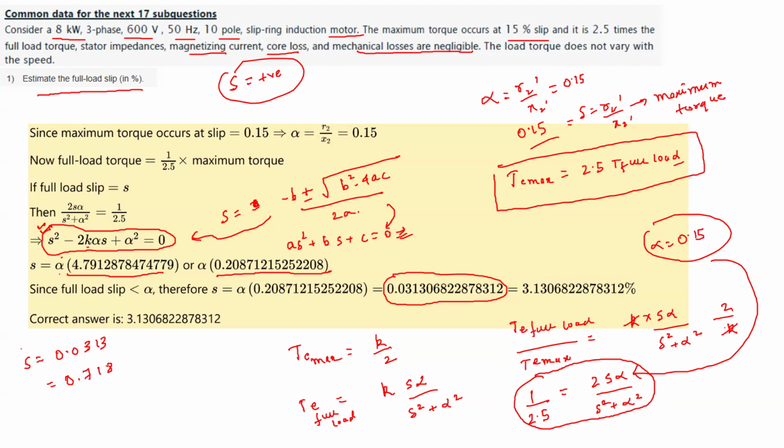In these two slips, which is the full load slip? We know that the maximum torque slip is 0.15, right? If you compare the full load slip and the maximum torque slip, you remember that the full load slip should be less than the maximum torque slip.